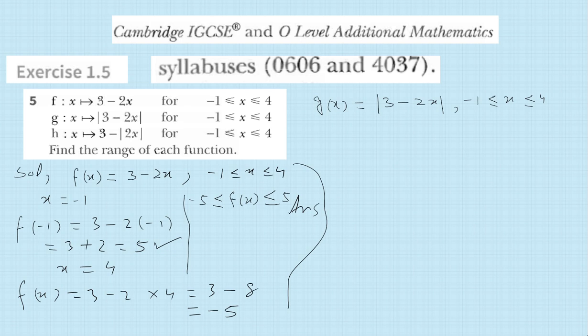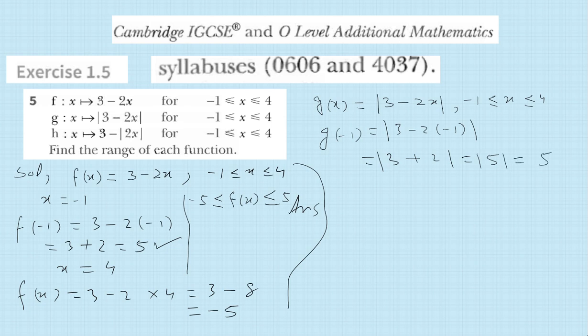The smallest value of x is -1. So 3 minus 2 into -1, minus minus plus, 3 plus 2 is 5, and the absolute value of 5 is 5.